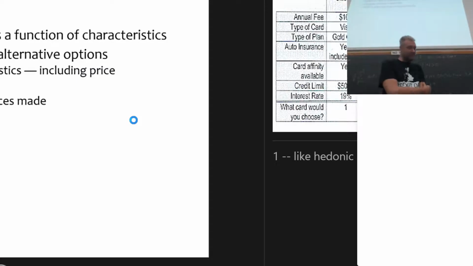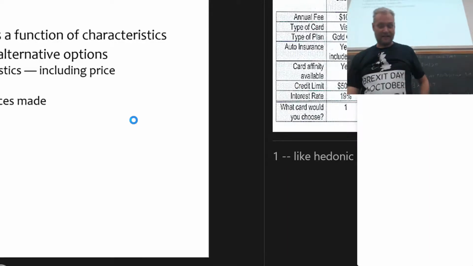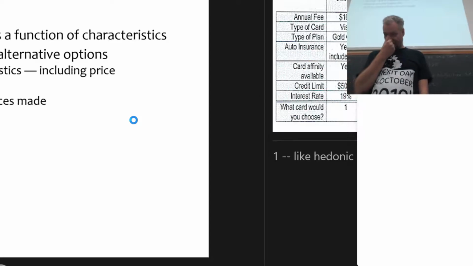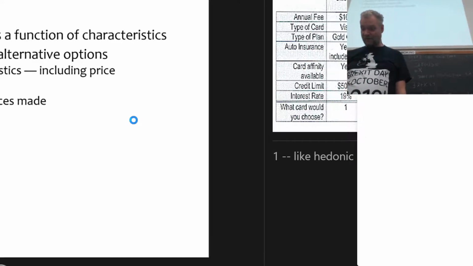Now the alternative, as I said, to contingent valuation within the stated preference methods, is so-called conjoint analysis or choice modeling or choice experiments. They're all the same thing. And essentially what you do is what people do all the time.